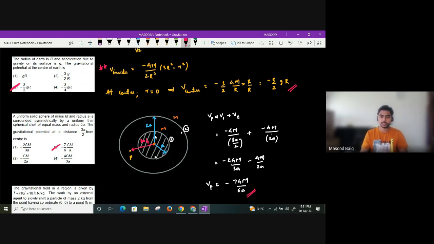Due to the solid sphere, the point is outside, right? And for the spherical shell, the point is inside. Understood everyone? Yes or no? Always remember, if you are trying to find the potential at any point, it will be the algebraic sum of the potential due to all the masses present in the system.